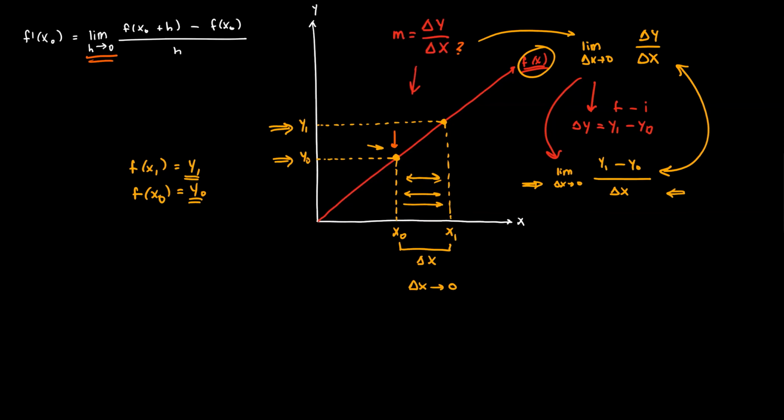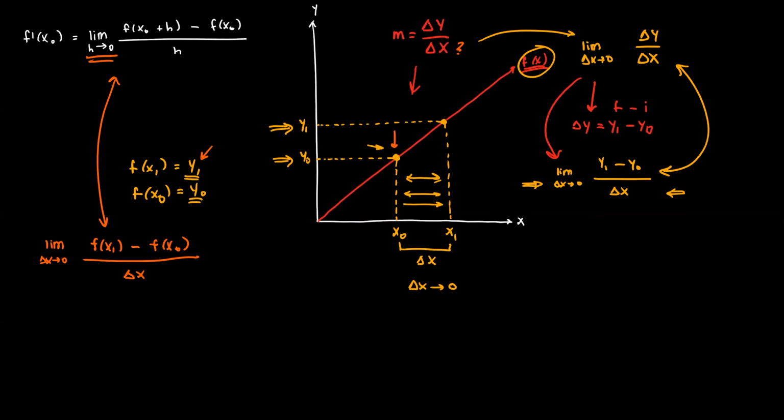So now this expression is equivalent to the limit as delta x approaches 0 of, well, we know that y1 is equal to f at x1, and we know that y naught is equal to f at x naught, and all of this is over delta x. Great, so this is looking a little bit more like our expression over here, but we're not quite done yet.